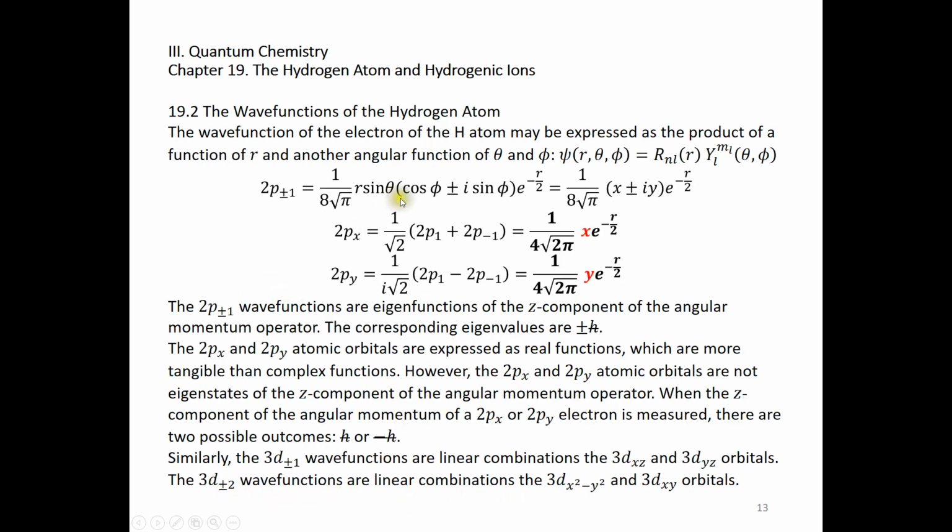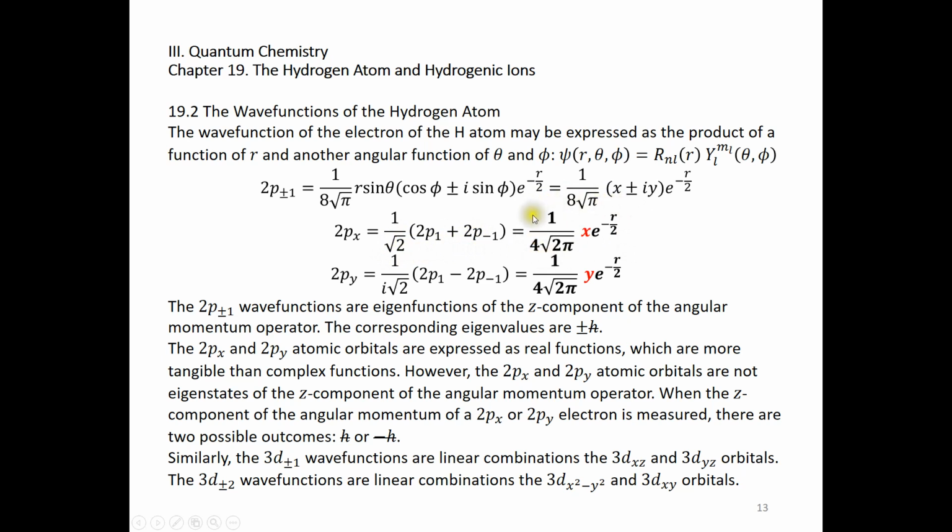The wave function of the electron of the hydrogen atom may be expressed as the product of a function of r and an angular function of theta and phi, so like this. Now let's look at this 2p plus minus 1. That can be expressed as this. Now we're going to take the linear combinations of these two. So first we can add up 2p1 and 2p minus 1 divided by the square root of 2.